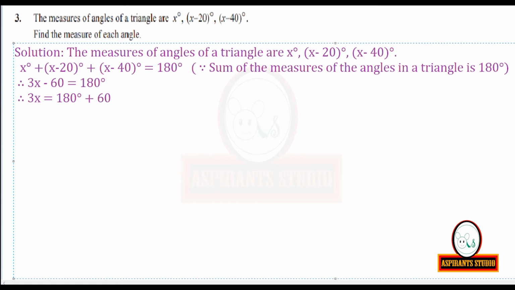Therefore, you get 3x degrees is equal to 180 degrees plus 60 degrees. Now remove all the degrees on both sides of the equal to sign. Then you will get 3x is equal to 180 plus 60.